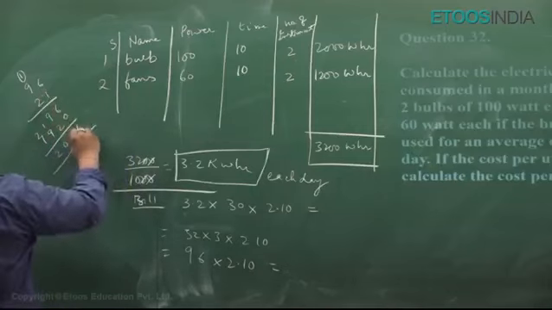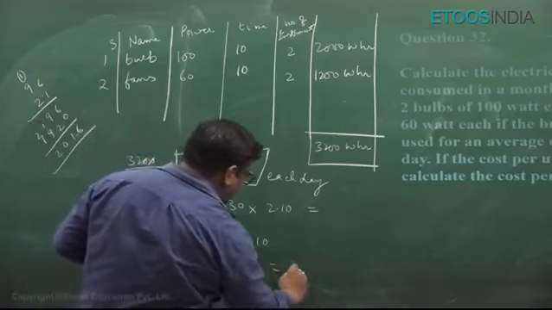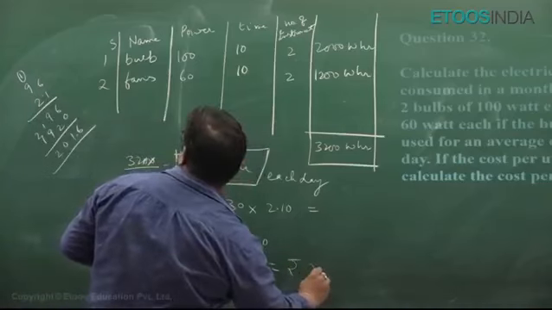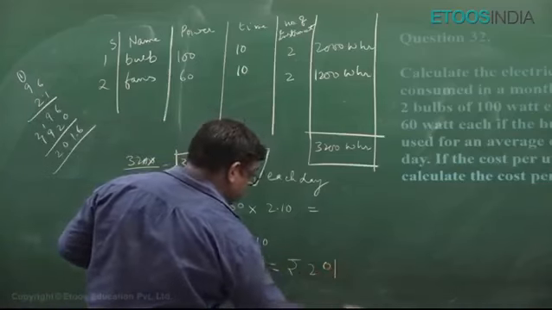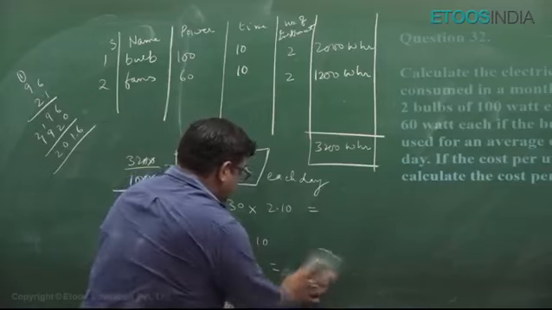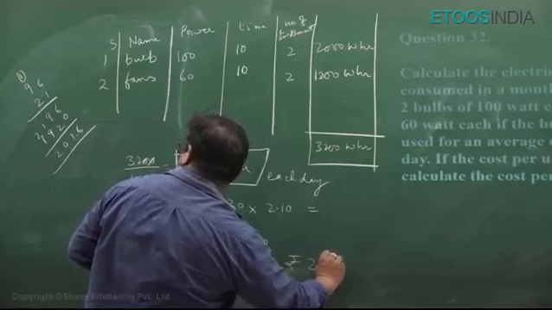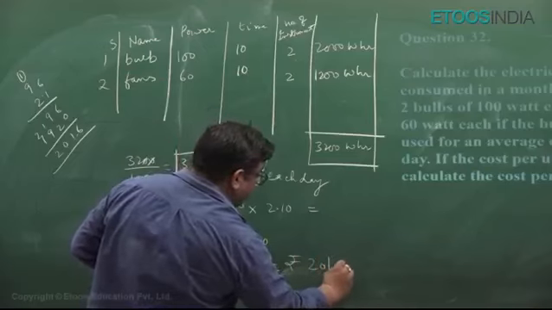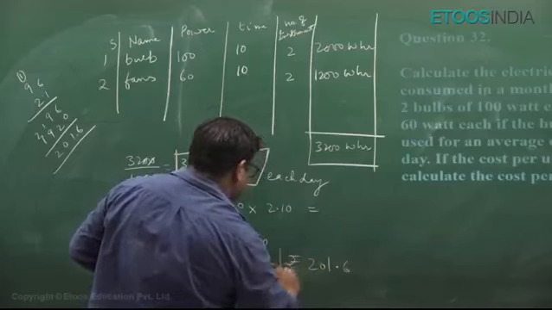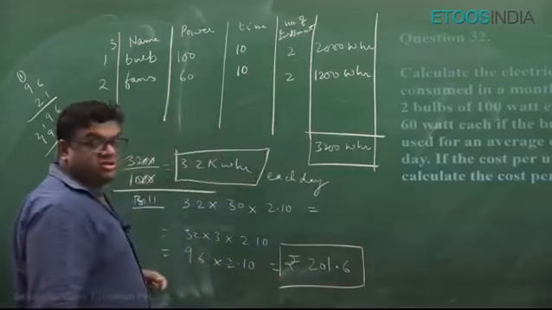So the answer is rupees 201.6 for a month of 30 days.